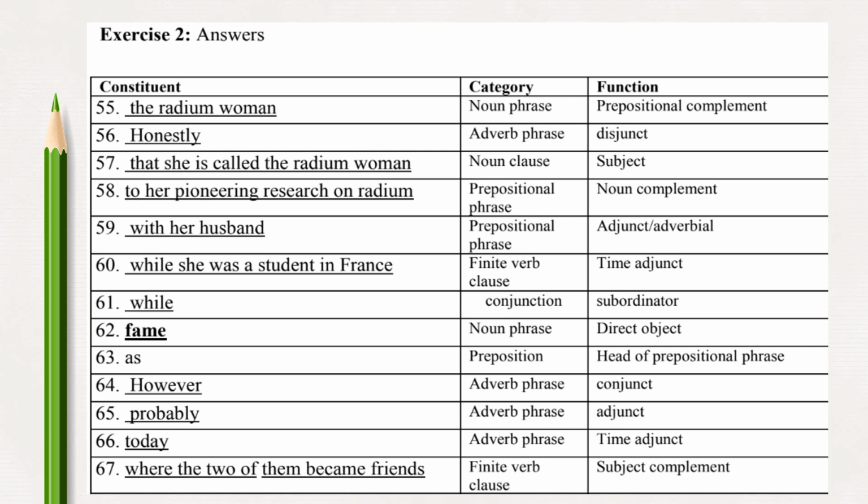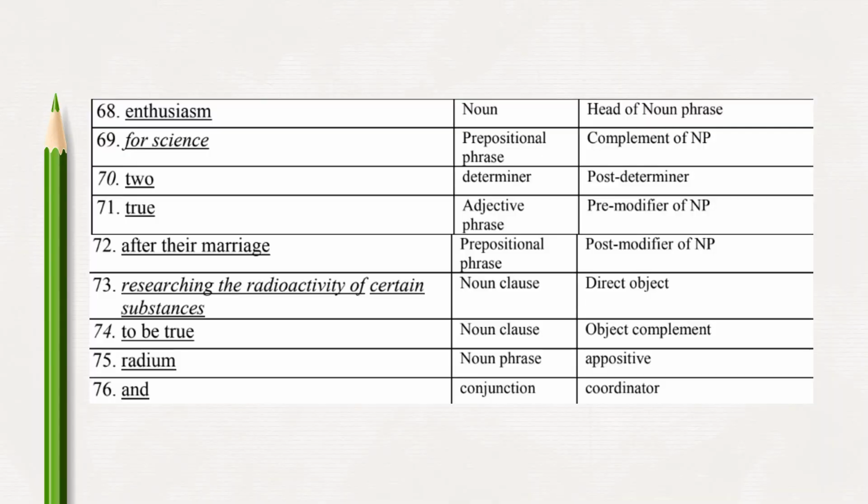And we have where the two of them became friends, category finite verb clause or function subject complement. Enthusiasm is noun, function head of noun phrase. For science is prepositional phrase. Function is complement of noun phrase. To is determiner. Function post-determiner. True is adjective phrase. Function pre-modifier of noun phrase.